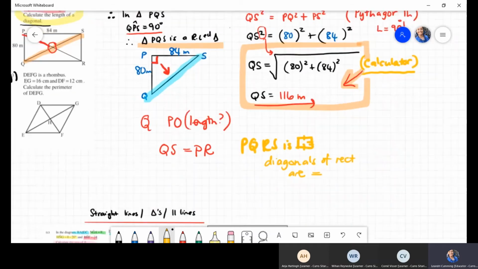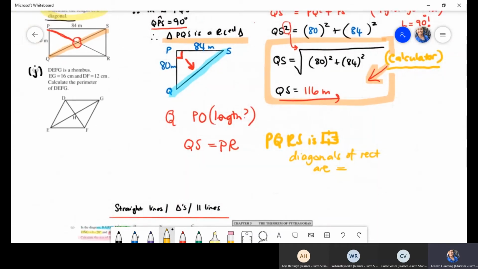Okay? What else do I know? I also know that the diagonals of a rectangle also bisect each other. What does bisect mean? Bisect means that PO will be equal to OR, as well as if I take QS, QS is halved into QO being equal to OS.